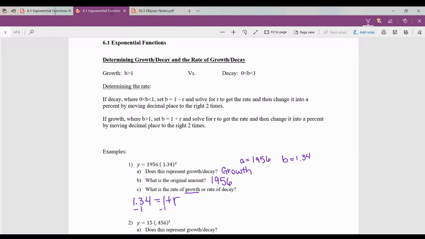So we get r is equal to 0.34. Now that's my number, that's my rate, but we want to change that into a percent. So remember, we take that decimal and we move it to the right two. It's 34% growth. Okay, and that's it for number one.